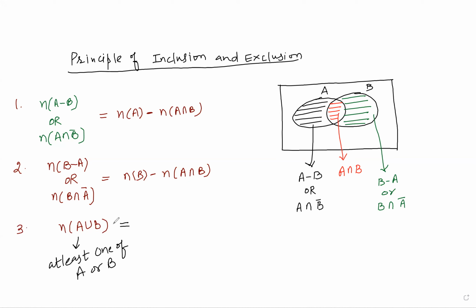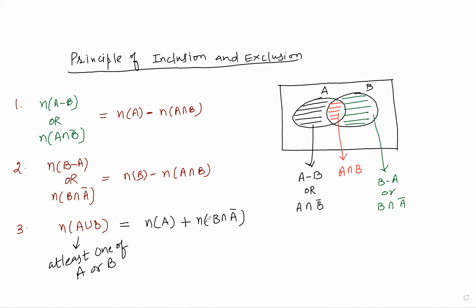If you visualize this from the diagram, this union means the sum of all these three portions, the black portion, the red portion, and the green portion. If we add this black portion with red portion and then with green, it gives us numbers in A union B. I can also write this numbers in A union B as numbers in A plus numbers in B and not A, right?